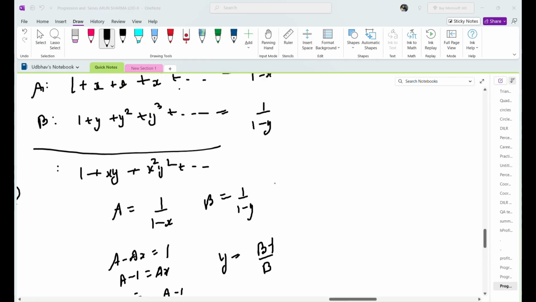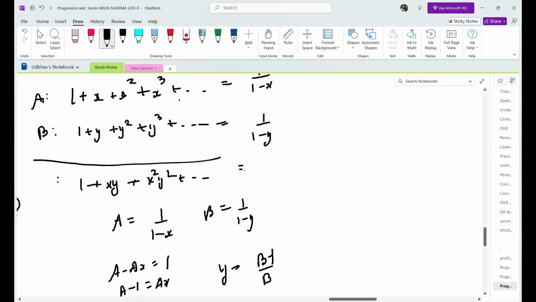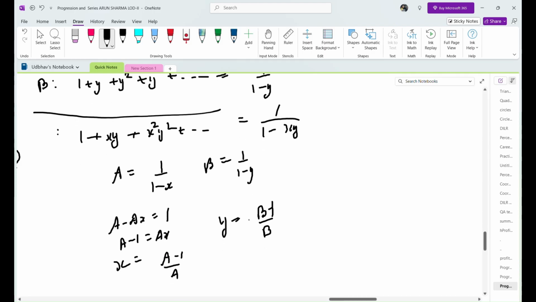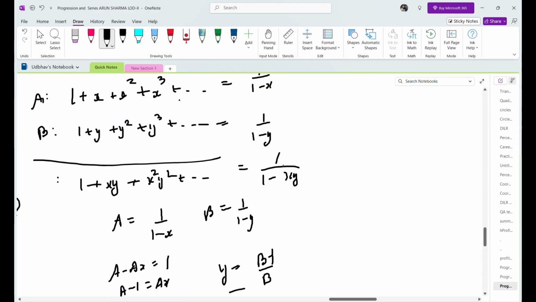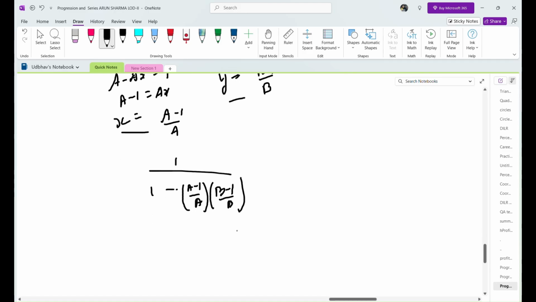So now we want this. This is also a GP with the first term 1 and the common ratio xy. So we can put the value of x and y here and we'll get our answer. So 1 upon 1 minus (a minus 1 upon a) into (b minus 1 upon b).